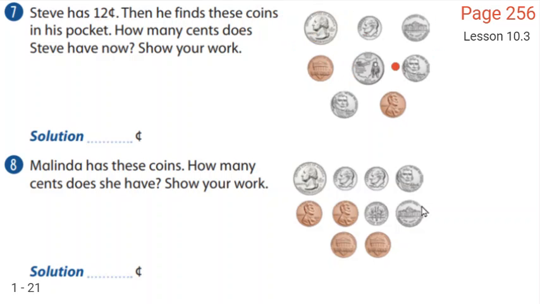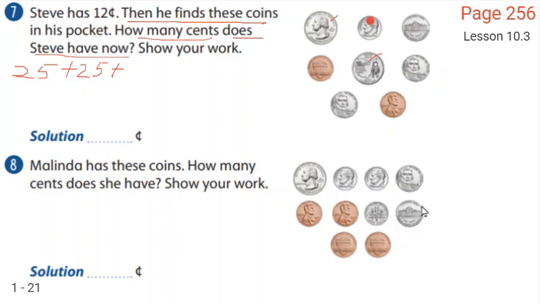So we have to figure out, it's a two-step problem, right? Then he finds these coins. How many cents does Steve have now? Well, first we need to add up all these coins. So let's see here. How many quarters do we have? It looks like we have 2 quarters. So 25 plus 25 plus, this is step 1, remember? How many dimes does he have?